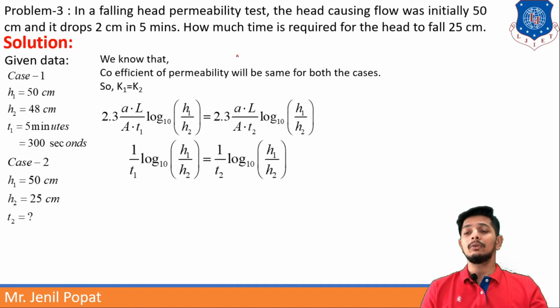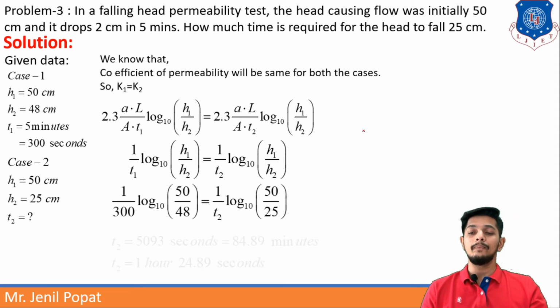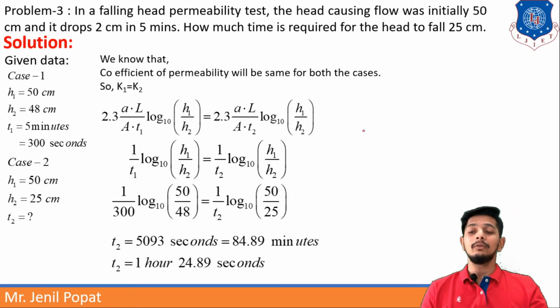So I can write 1 by T log 10 base H1 by H2 for both these cases. Putting the values of H1, H2 in case 1 on this side and case 2 on this side, I get T2 as unknown, and T2 will be 5093 seconds, and we can convert it into hours and minutes. Let us move to the next problem.